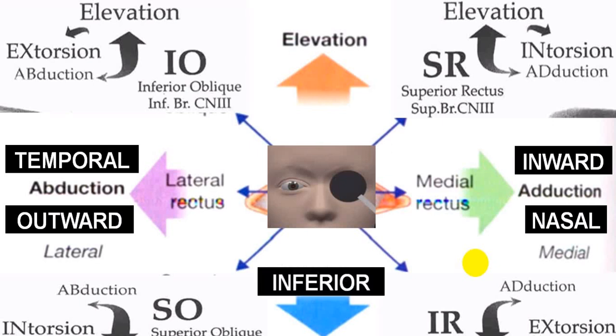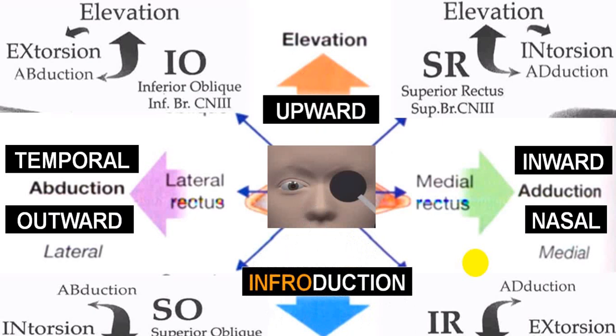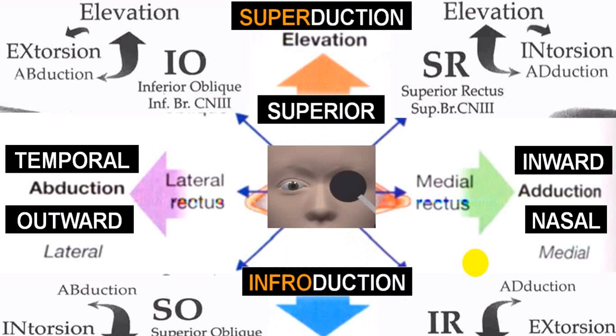Downward movement is also called inferior or depression, or you can call it downward, infraduction and depression. While upward movement is called elevation, or superior, or superduction. These are the different terms which are utilized. You can use any one of them. Along with upward, downward, adduction and abduction, there is a rotation of the eyeball.